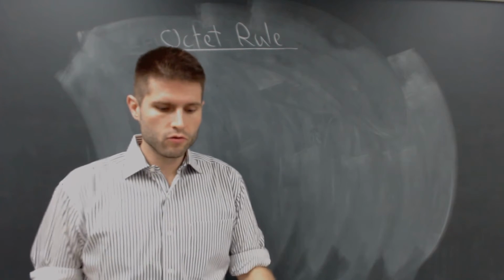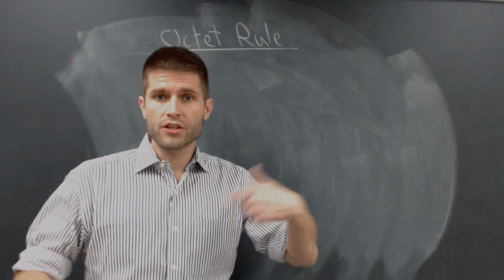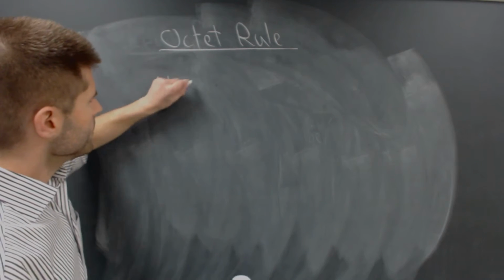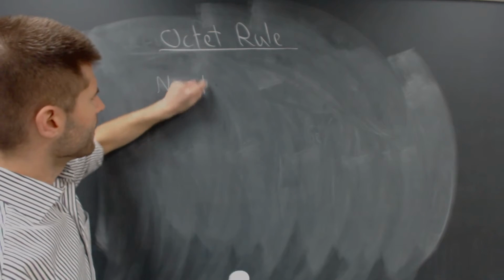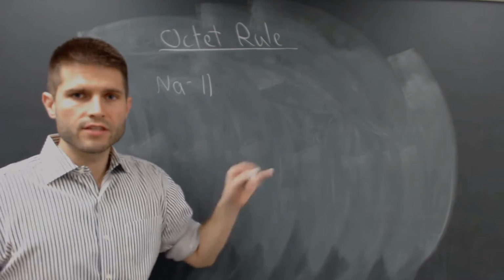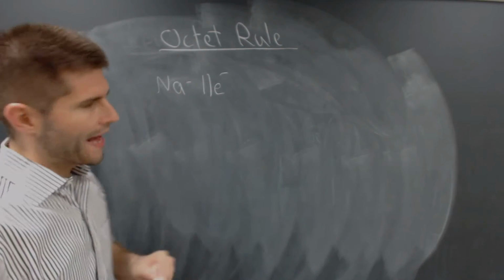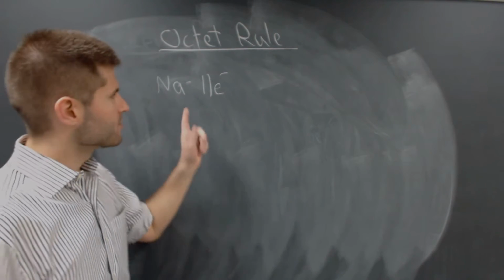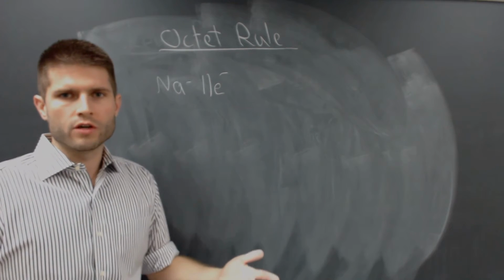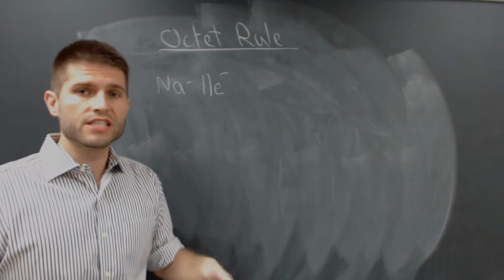So I want to take an example and show you the driving force behind this. So let's look at sodium. Sodium is element number 11 on the periodic table, which means that it has a total of 11 electrons in a neutral sodium atom. So let's draw the orbital diagram for sodium and see what we would do in order to get the number of valence electrons to equal 8.